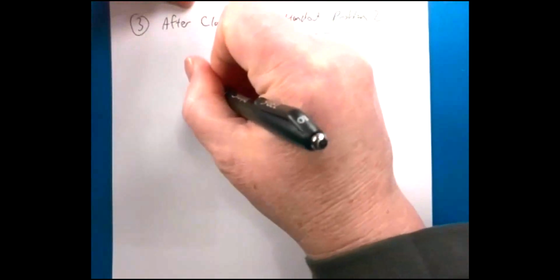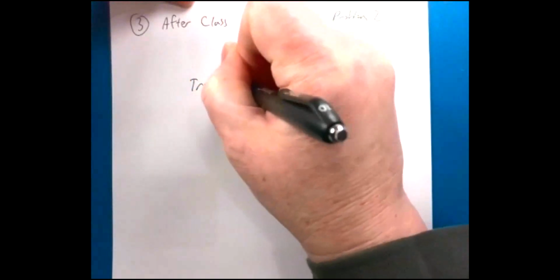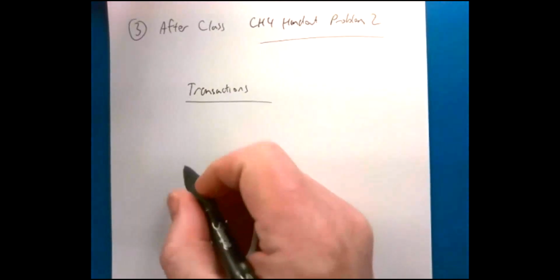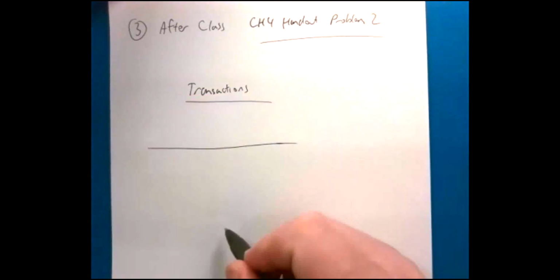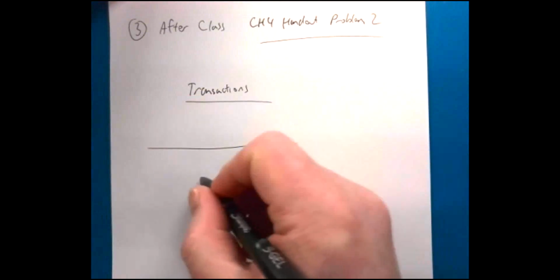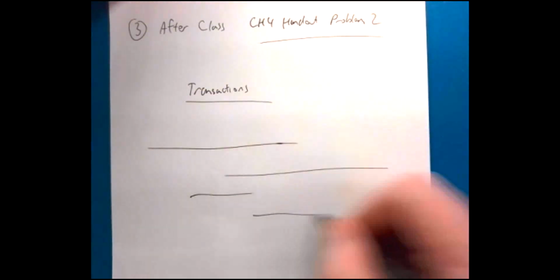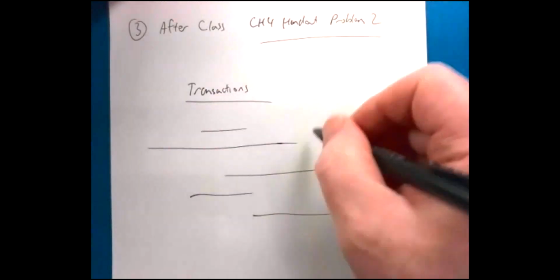So if these are the transactions, and you know you pay for insurance and it lasts a year. You buy a truck and it lasts for 5 years. You buy, you know, whatever. You have all these transactions that are going on.